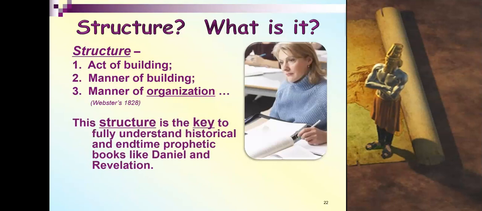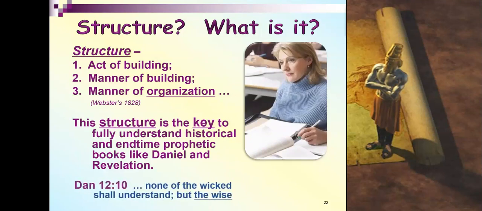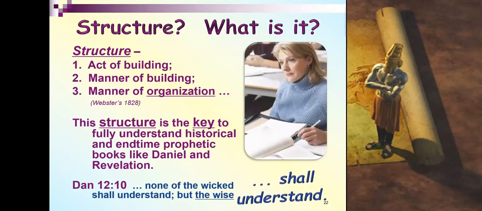This structure is the key to fully understand historical and end-time prophetic books like Daniel and Revelation. So it's going to give us some great insights on how to organize our study and stay on track in an orderly manner. Daniel 12:10, none of the wicked shall understand, but the wise shall understand.